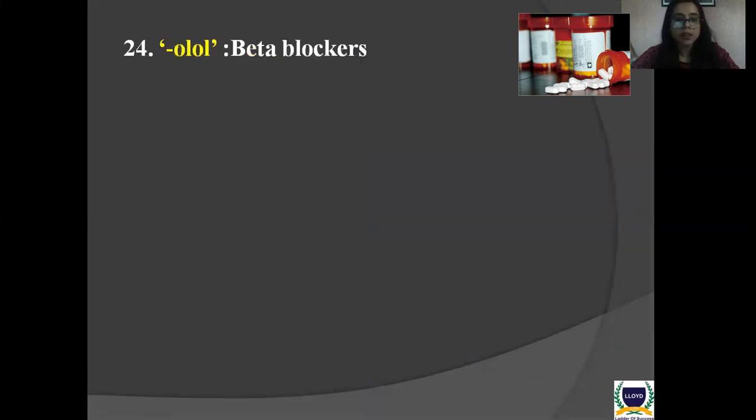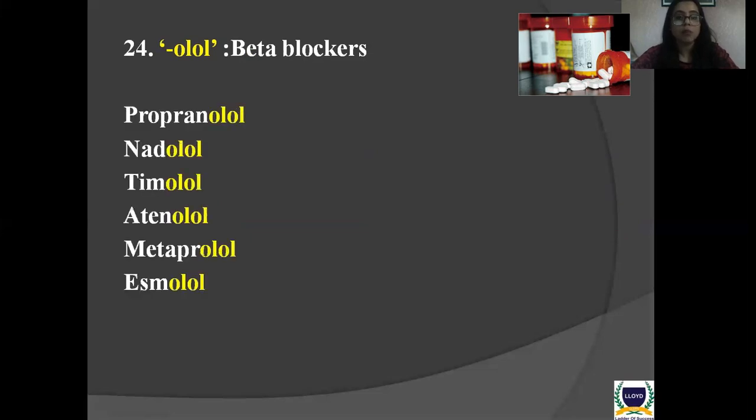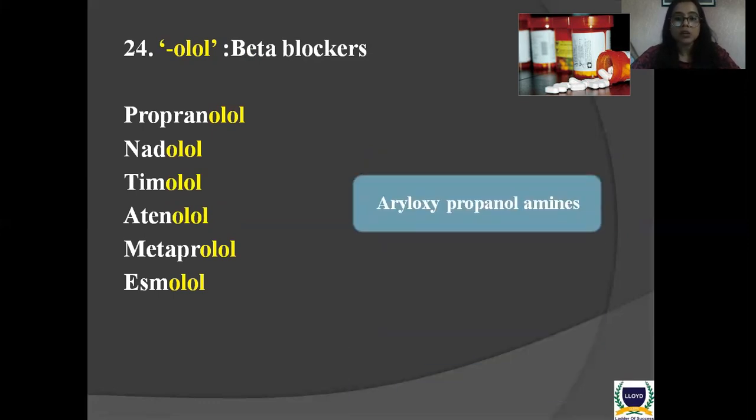Our next suffix is olol. Olol indicates these are beta blockers. We have many drugs like propranolol, nadolol, timolol, atenolol, metoprolol, esmolol. All these are the drugs which are ending with the same suffix, that is olol, and these are the beta blockers. These are actually aryloxypropanolamines.